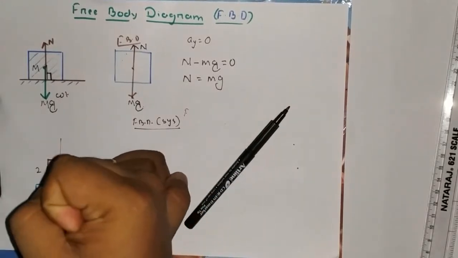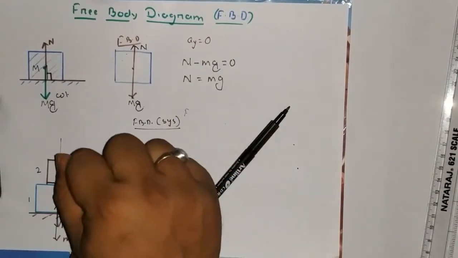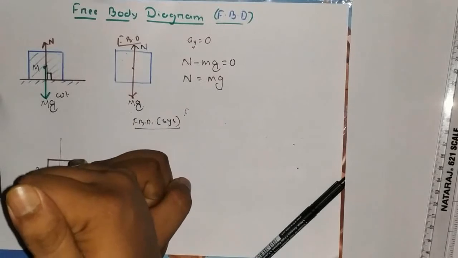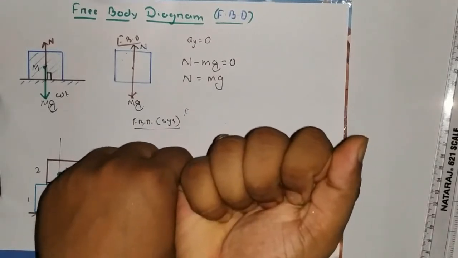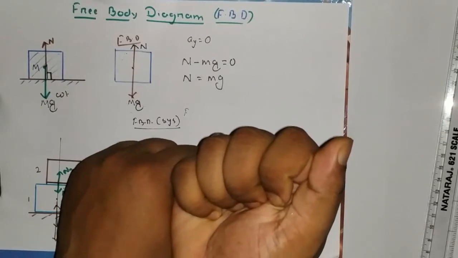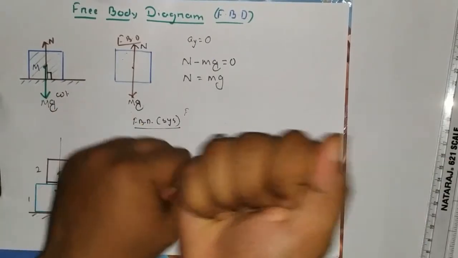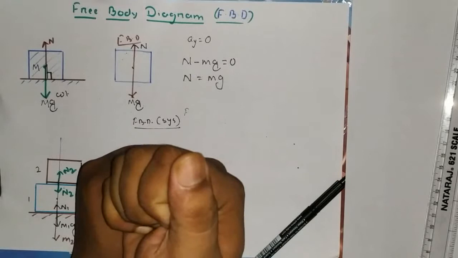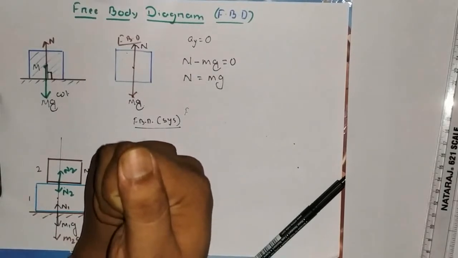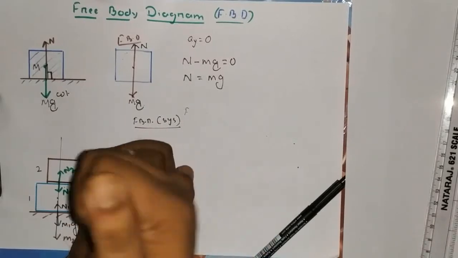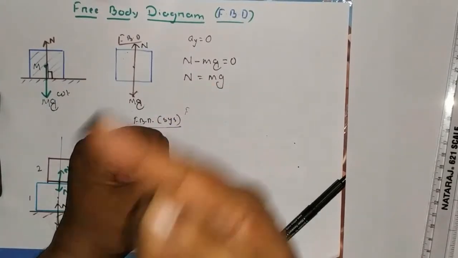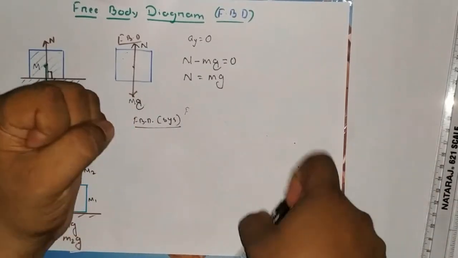Like a person is standing here, the lower person and the upper person. If I divide a person into two parts, from waist to chest, you will see one force acting on the upper half of the body, applying force downward and also upward. But when I consider the total man, that internal force is cancelled.